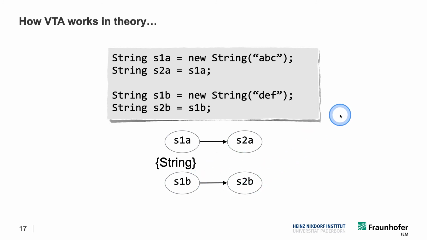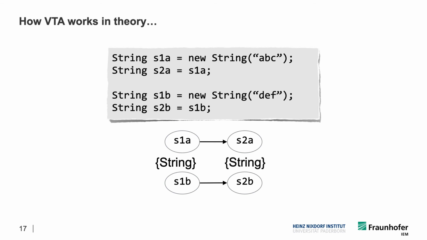Now when you go through this program with VTA, you will get this pointer assignment graph that you see here. And now remember, in VTA, what we are propagating through this graph are types, right? So we are basically propagating this type here throughout the graph, which gives us this result in terms of the types.